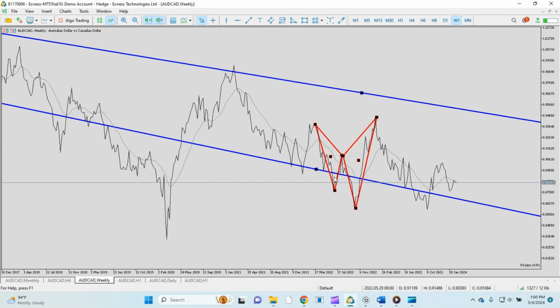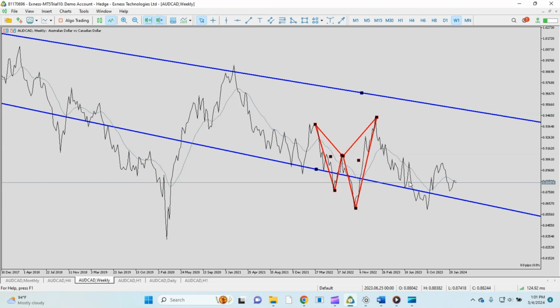This is a pattern, butterfly pattern, although this one is no more valid, but I just want to show you what you should be doing. You look for head and shoulders, descending, ascending triangles, all those patterns we talked earlier about. So this is butterfly pattern.